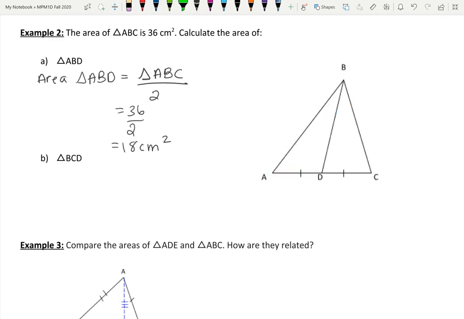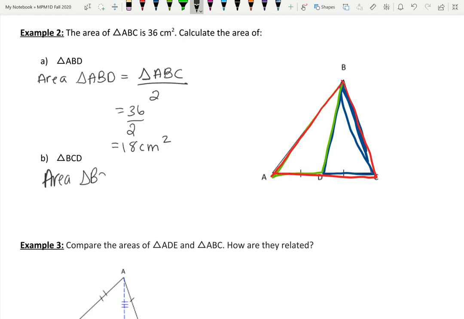BCD's area is going to be the same as this triangle, and it's also going to be half the area of the total triangle. So the area of triangle BCD is also 18 centimeters squared.